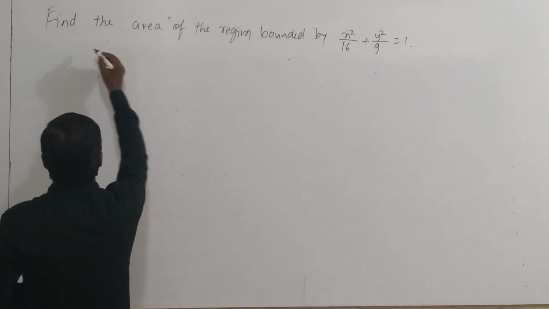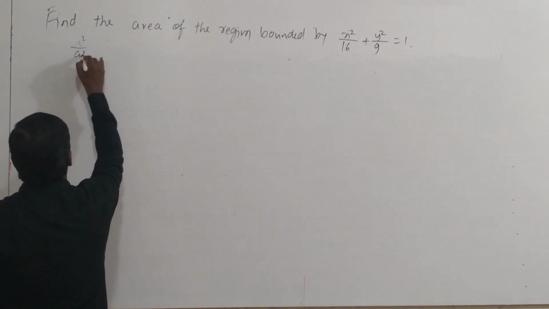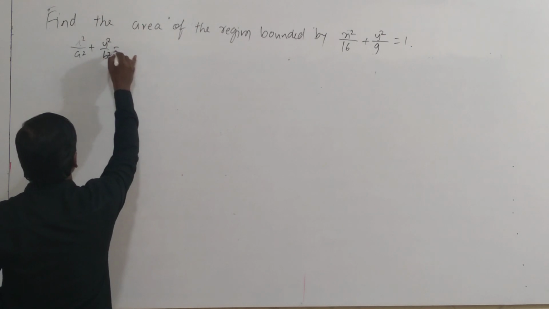Clearly here x square divided by a square plus y square divided by b square is equal to 1.